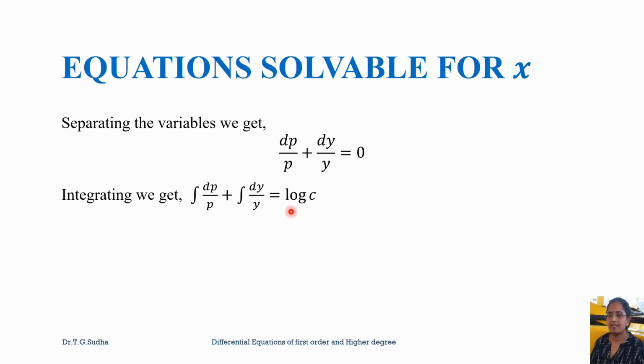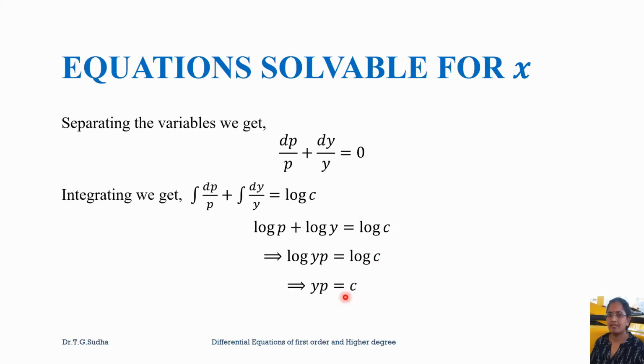Here we are taking log c as the constant of integration, because on the left hand side both the integrals will give us logarithms. So dp by p gives us log p, dy by y gives us log y, and that is equal to log c. So on the left hand side we can write this as log of yp equal to log c.